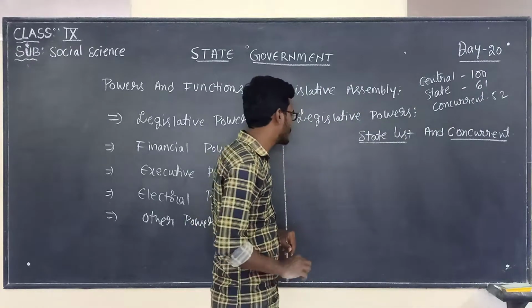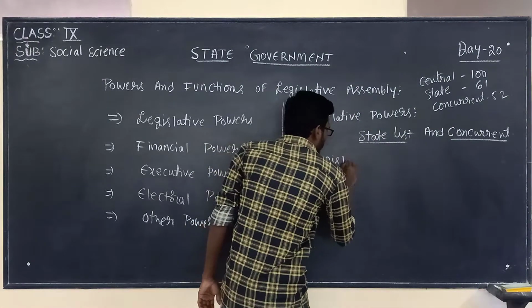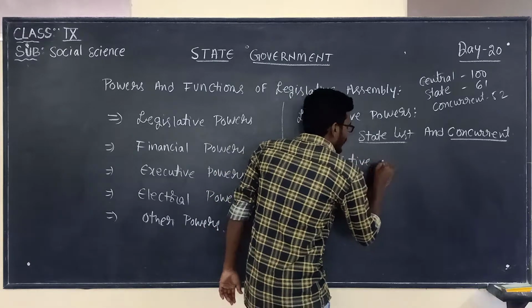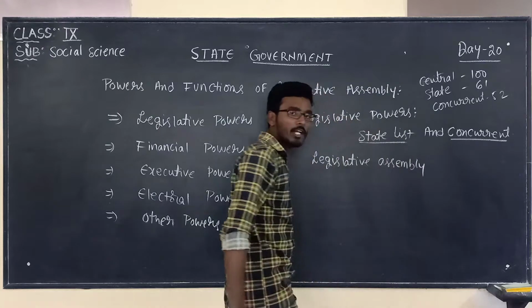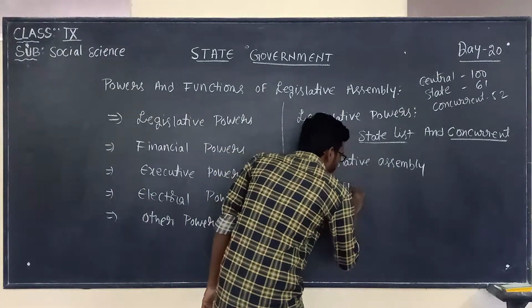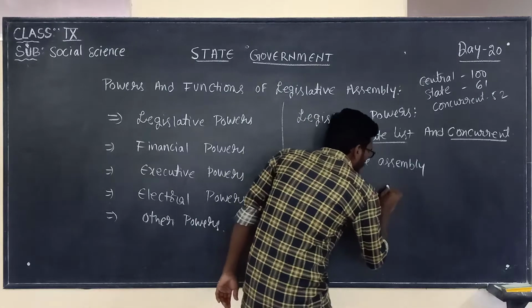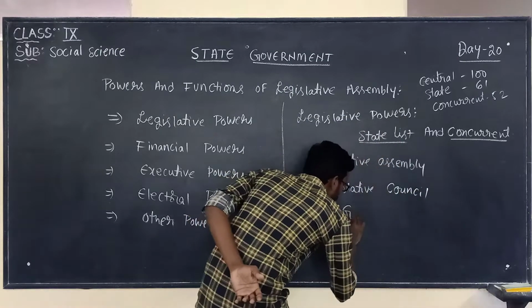So what is the process? First of all, legislative assembly, and after that legislative council, and finally who is here?